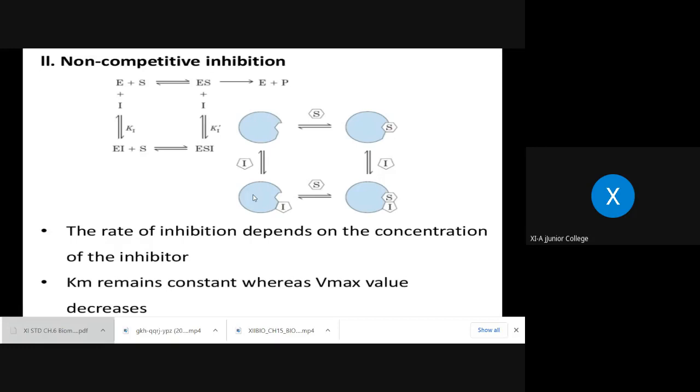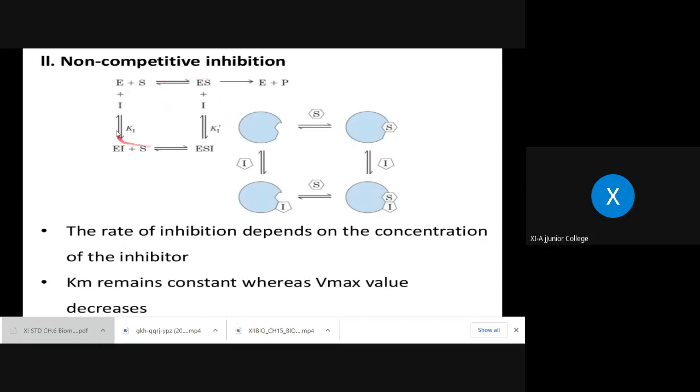But here, the competition is not because of the shape, but rather the concentration of the inhibitor or the substrate. So the rate of the inhibition depends on the concentration of the inhibitor. If the concentration of the inhibitor is more, it will affect the activity of the enzyme. So that is very important. This is what is called the non-competitive type of reaction.